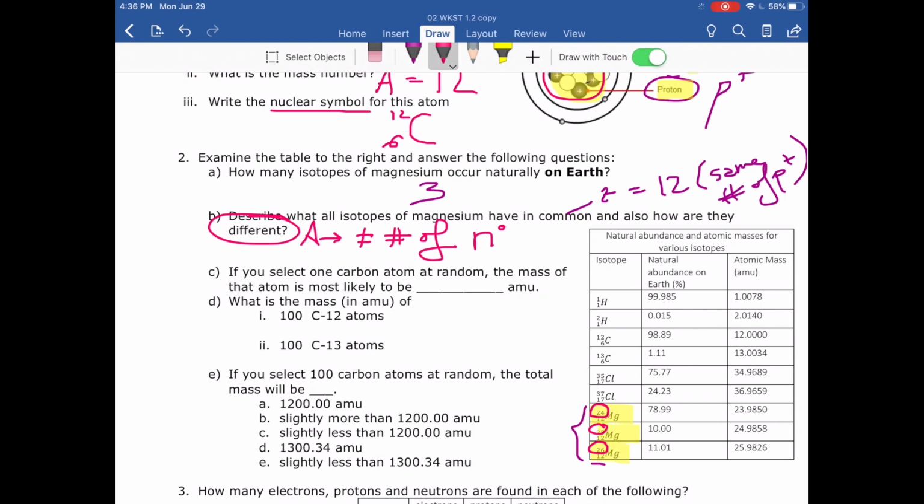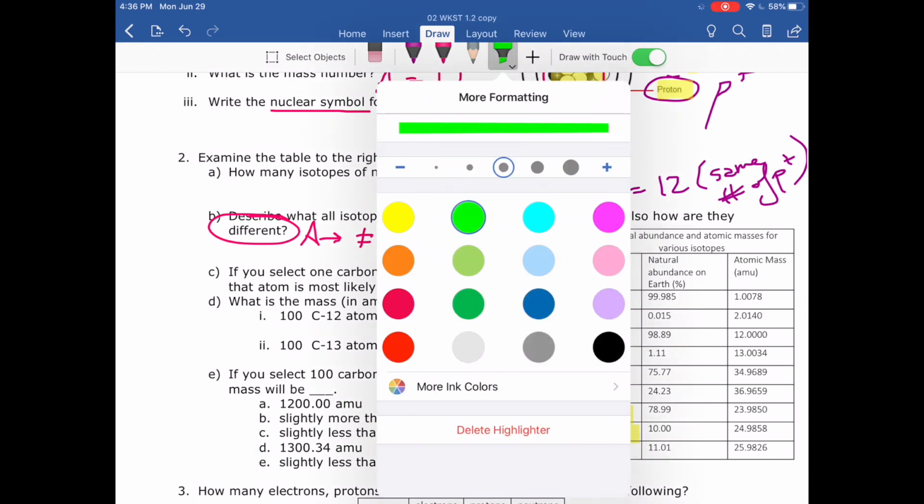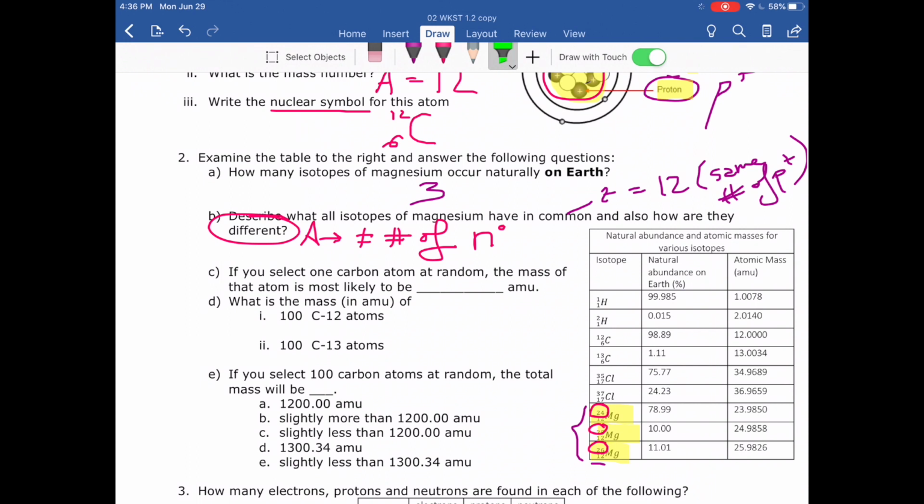Okay, so now it says, if you select one carbon atom at random, so now instead of magnesium, we're going to focus on carbon. I have carbon here and another isotope of carbon here. The mass of that atom is most likely to be, well, if you look at the abundance in nature of carbon, you see how carbon 12, this one over here, has an abundance of 98%, and carbon 13, this one over here, has an abundance of 1.1%.